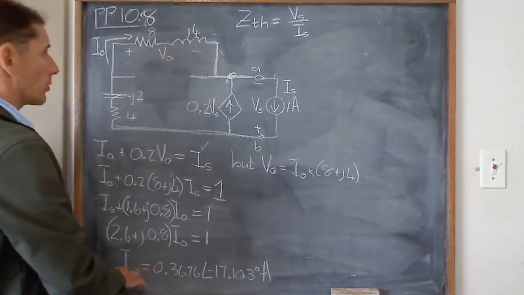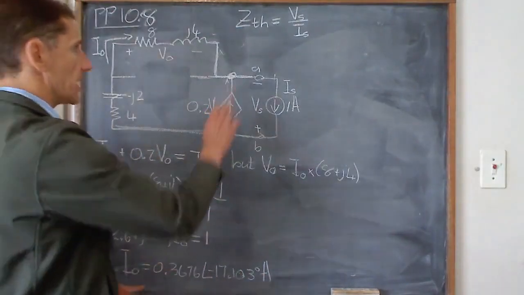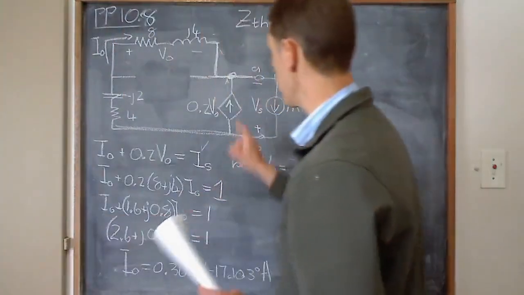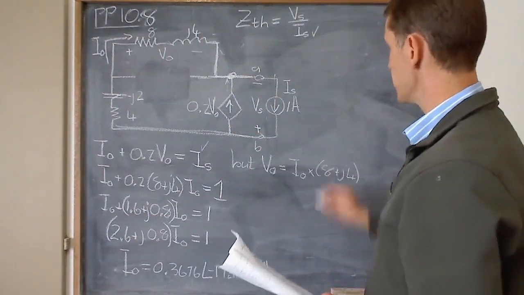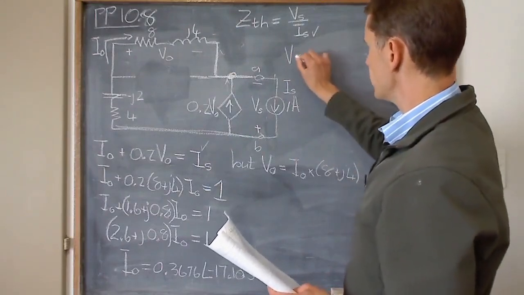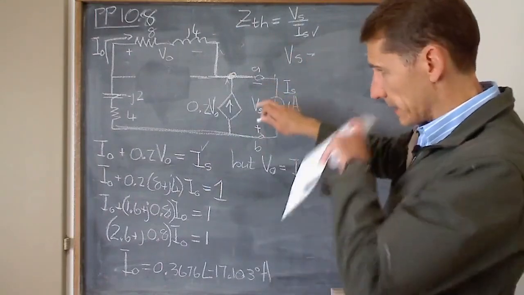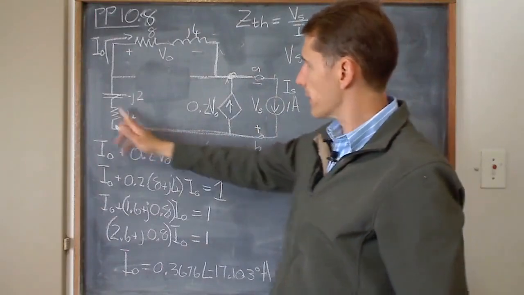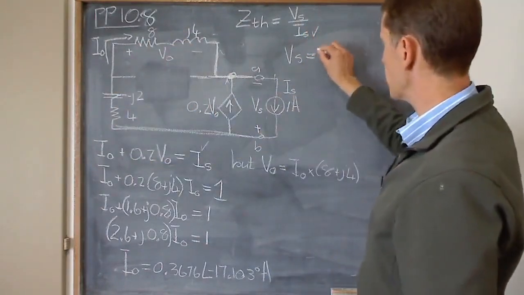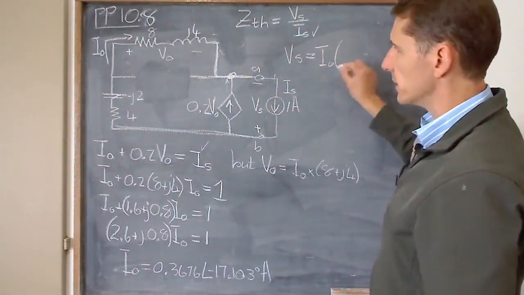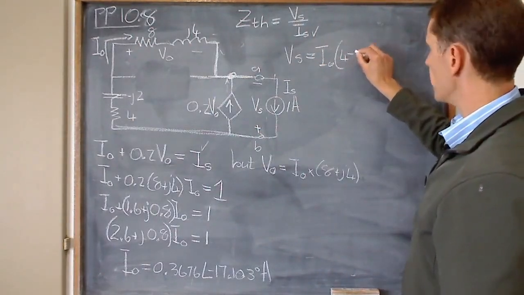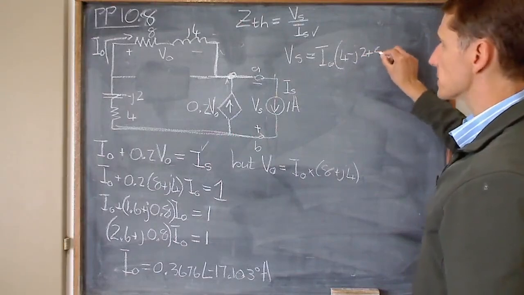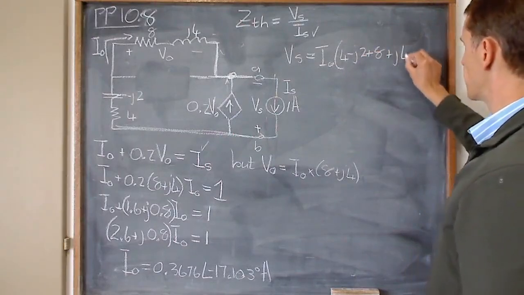Okay, why do I need I out? Let's go back to this one. Remember, the thing that I need to know is what VS is. Now VS, plus minus, remember you've got I out going all the way up here, so it's going to be equal to I out times that total impedance. So the 4 minus j2 plus 8 plus j4.